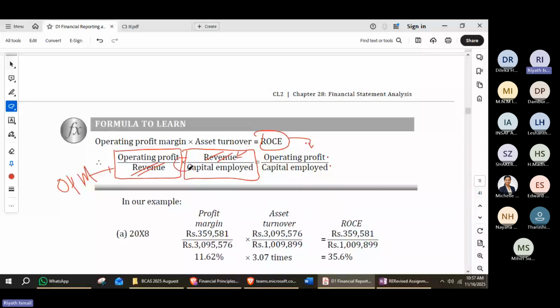Then we have operating profit over capital employed. So we can directly find return on capital employed, or if you want to dive deeper, they use these two formulas to get more insights.